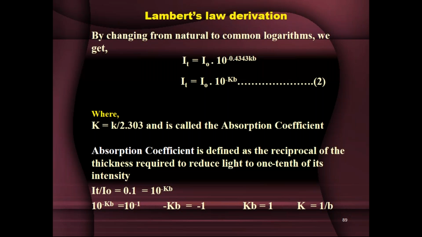So IT by IO should become 1/10, that is 0.1.